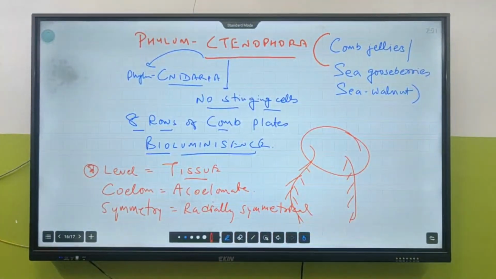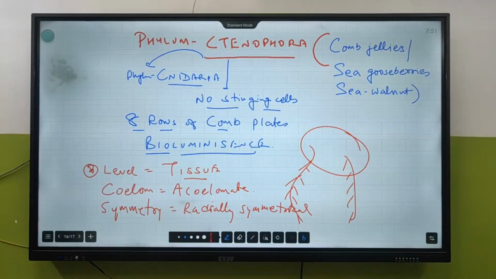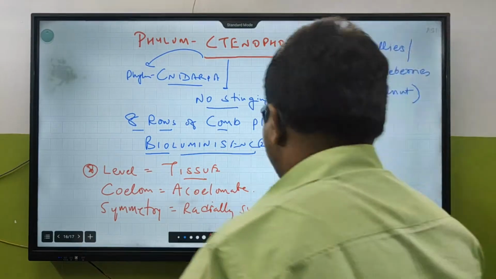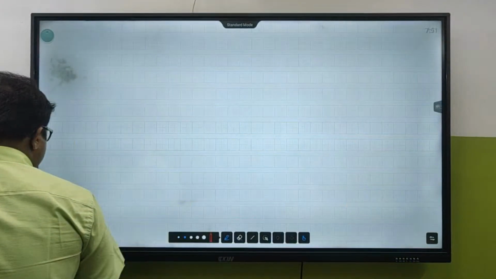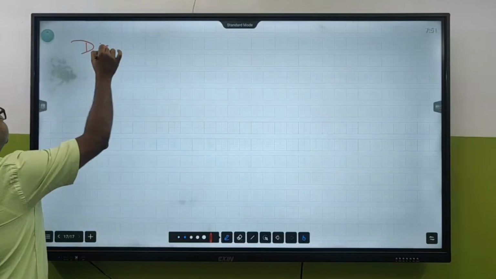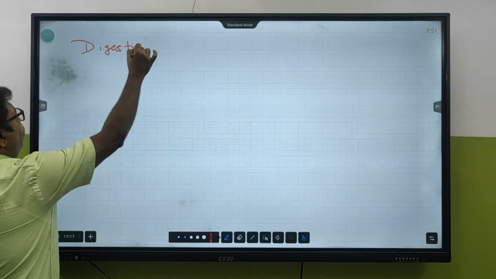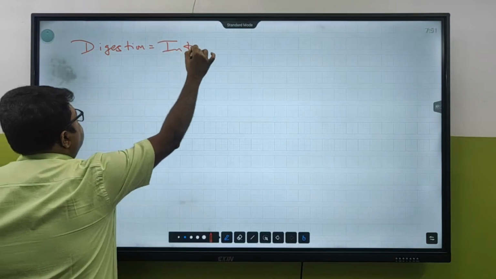Under phylum Ctenophora, in your book you can see what kind of digestion they show: both intracellular and extracellular digestion. Fine?